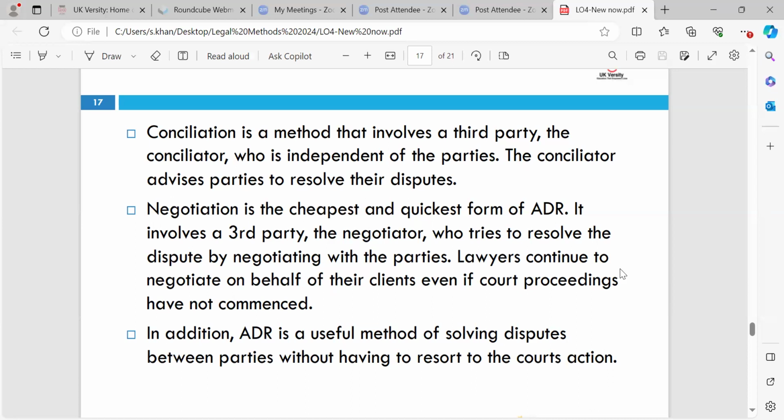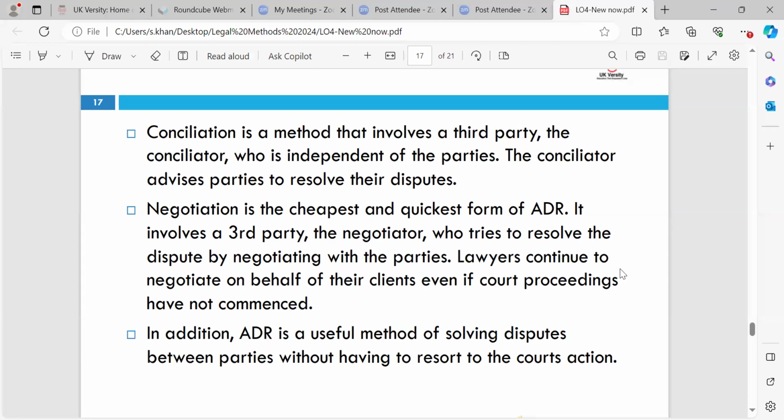So they'll come up with a resolution, trying to resolve something with both parties involved. Lawyers continue to negotiate on behalf of their clients, even if court proceedings have not commenced. Here, parties attempt to reach an agreement on the matters in dispute between themselves without the assistance of an independent third party. Each negotiator is identified with their respective side and will look at the case from their side's point of view.